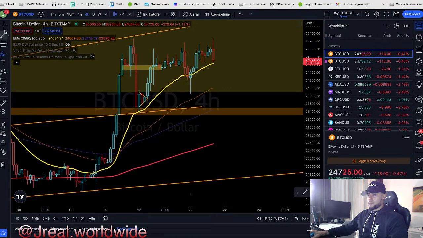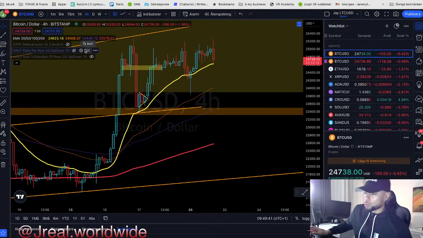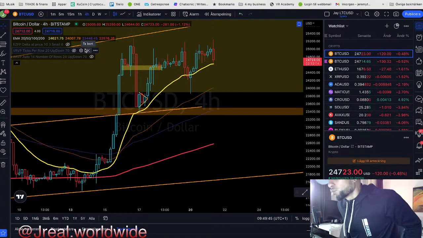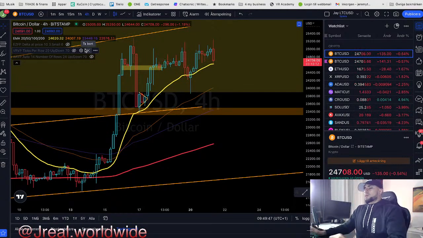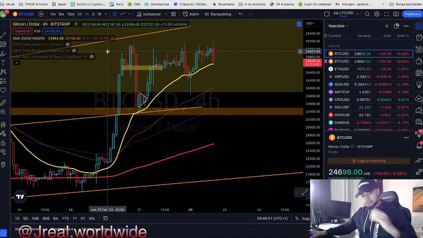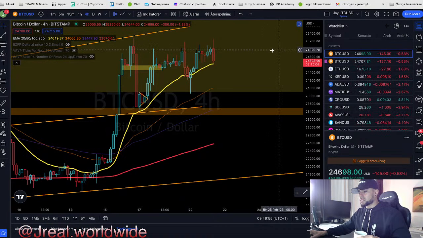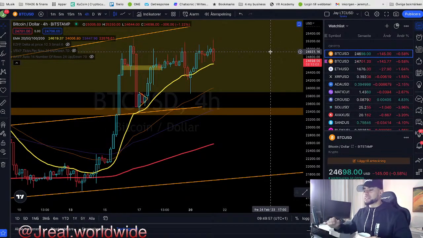Now, an indicator for me is a very weak confirmation, but it is a confirmation. It shows kind of what's going on. Mostly, for me, it shows what people are looking at, what people are seeing as support and what people are seeing as resistance. I never trade based on the EMA or basically any form of indicator.